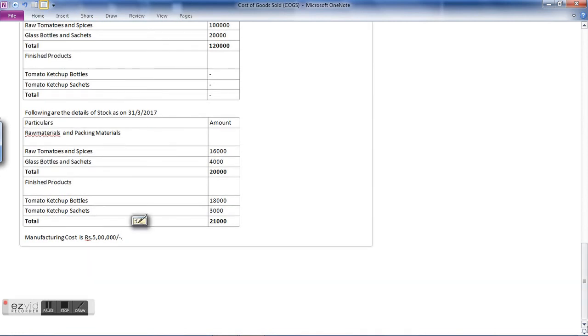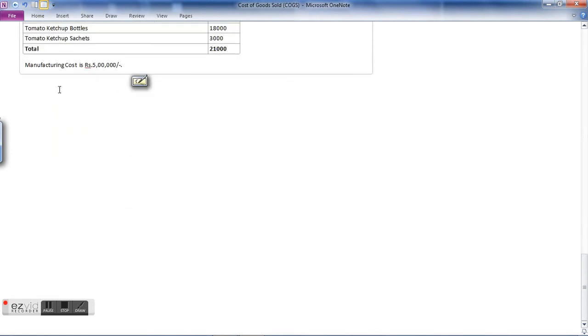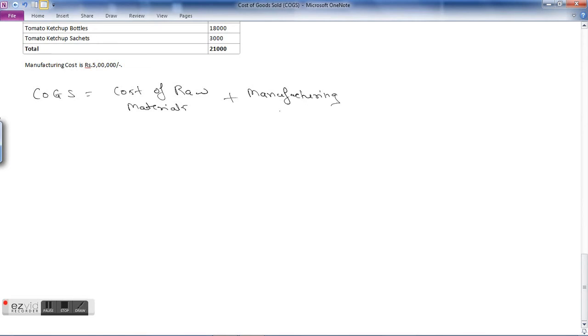Okay, now in this case, since this is a manufacturing industry, your cost of goods sold will include cost of raw materials plus manufacturing cost, correct, and your opening and closing stock of finished goods, right?